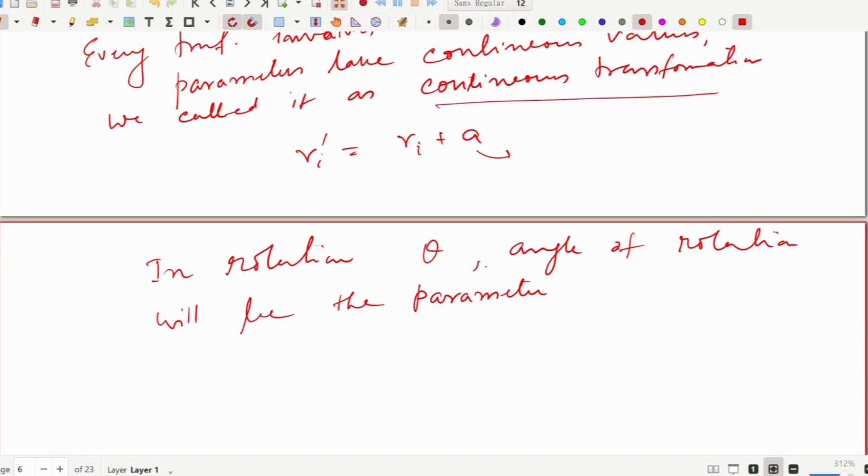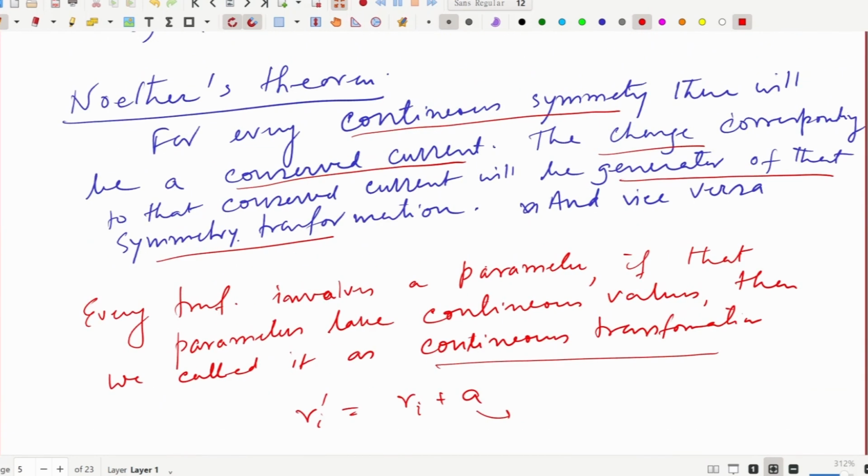So, what Noether's theorem says is that whenever you have a continuous transformation, and your theory, the action, is invariant under this continuous transformation, then we can say that it has a continuous symmetry. Then there will be a conserved quantity, and the theorem calls that conserved quantity a conserved current. Its zeroth component is generally called the charge.